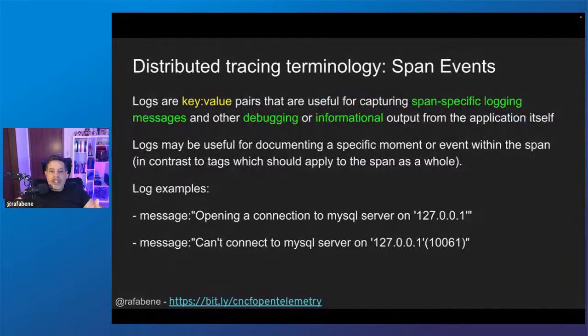Span events are also key-value pairs, but they are more used for logs. So, for example, log messages like opening a connection to MySQL server, or can't connect to MySQL server, or other kinds of logs that you can add in an operation, like performing operation A, performing operation B, C, or D.